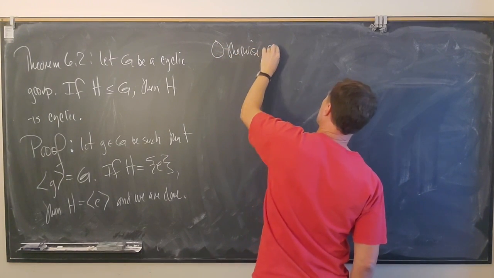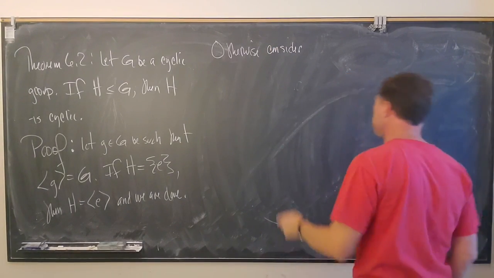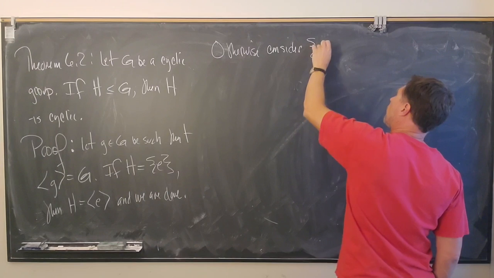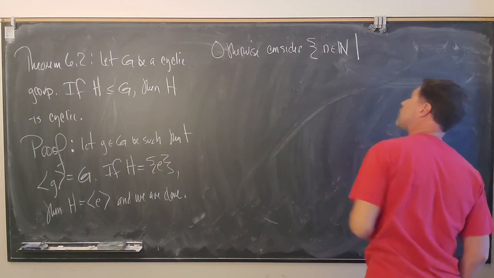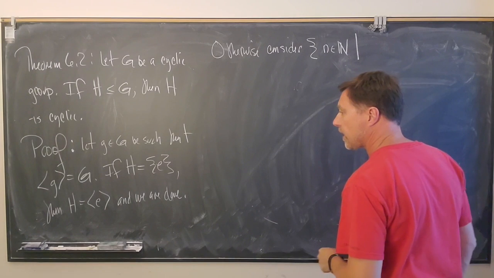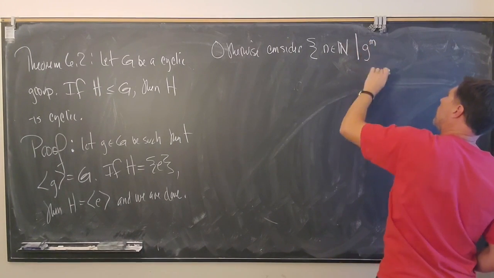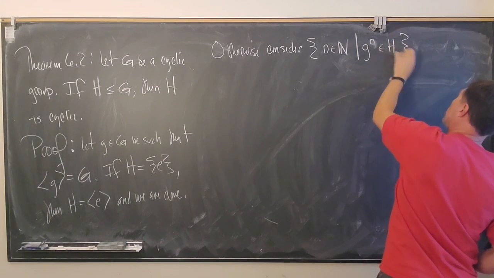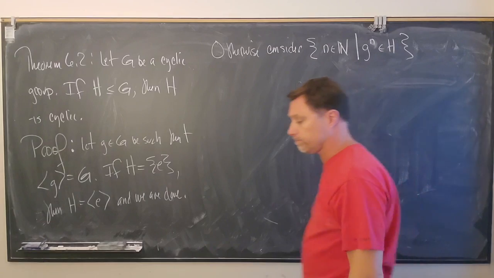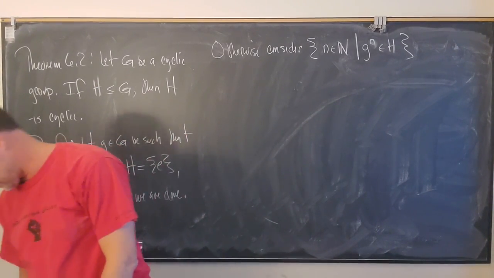what I want to do is consider the following set. This is going to be the set of all natural numbers N such that g to the N is an element of H. Is that right? Yeah. Okay.